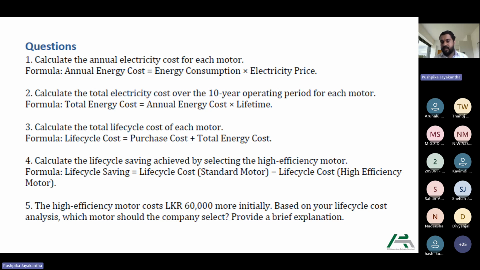Okay, Michelle, here you have to consider the total life cycle. Remember that cycle: the purchase cost, operational cost, replacement cost, disposal cost. So there are different life cycle stages, and you have to focus on that.